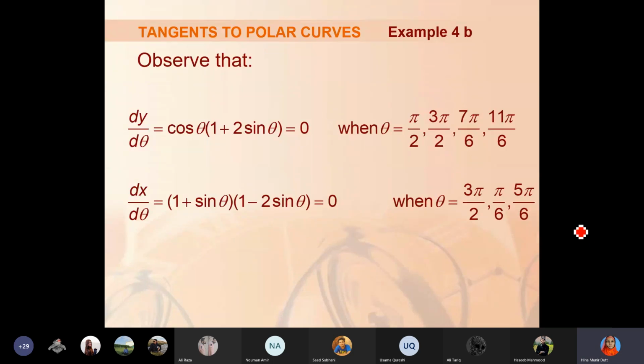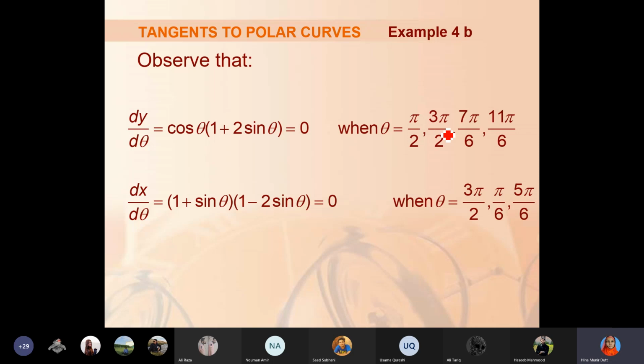So first you put dy by d theta equal to 0. It means cos theta is equal to 0 or sine theta is equal to -1 over 2. You will find all those values of theta for which cos theta is equal to 0 and sine theta is equal to -1 over 2. So these are the values.